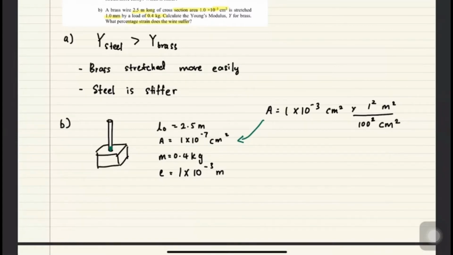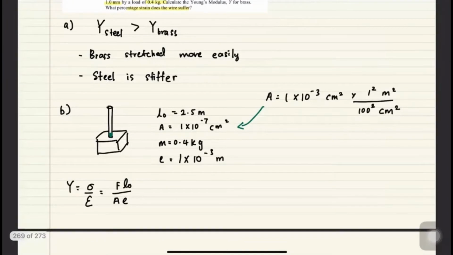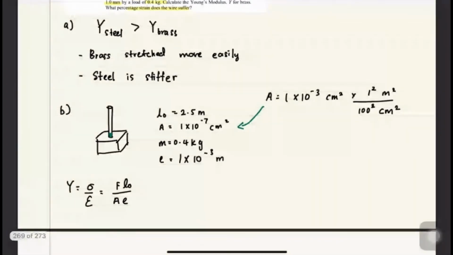No. So the formula for Young modulus is equals to stress over strain, which is F over A. I always memorize it like this because in the past there was no formula sheet. Nowadays you can always refer straight away to the formula sheet. So it will be F over A, E over L naught. The question wants the Young modulus.